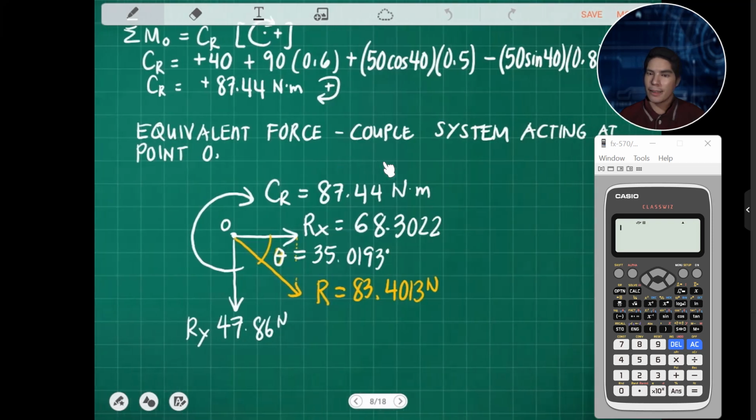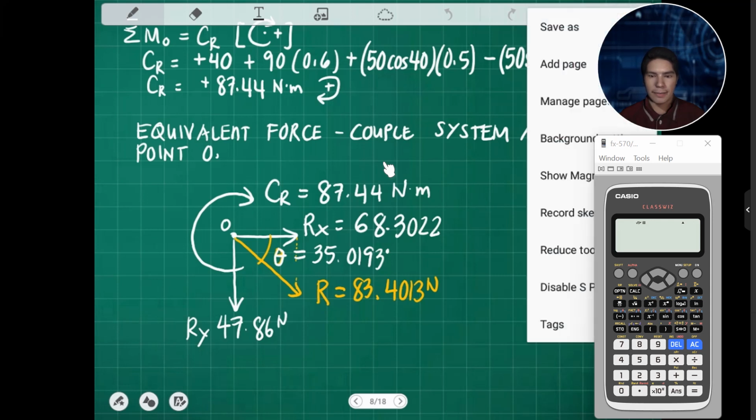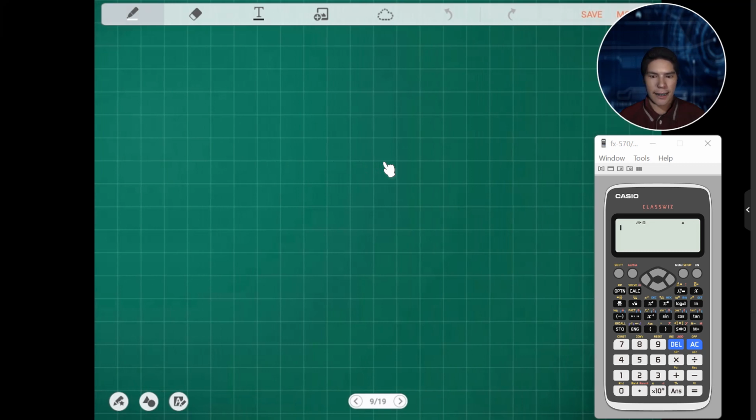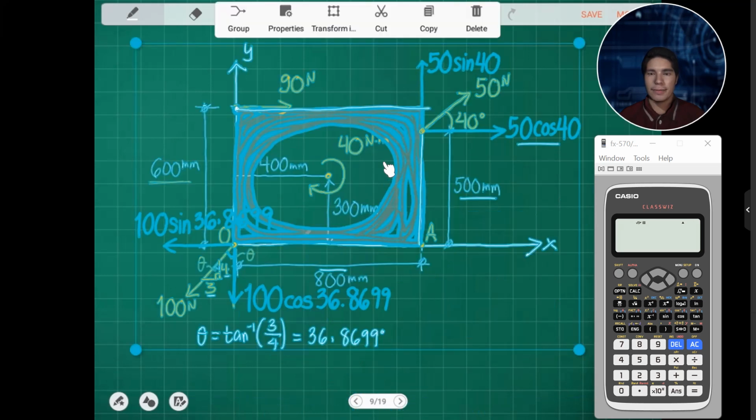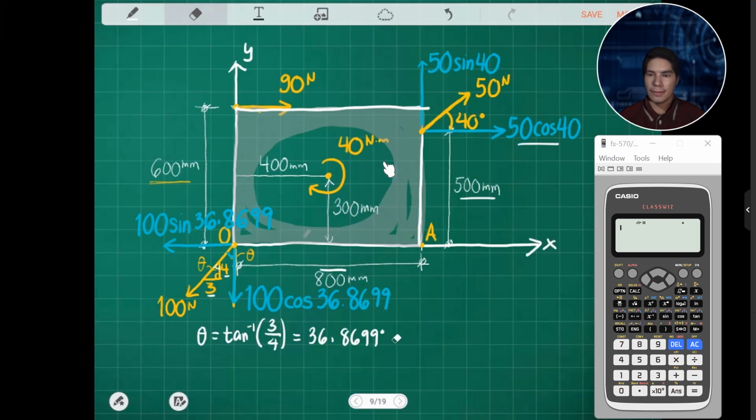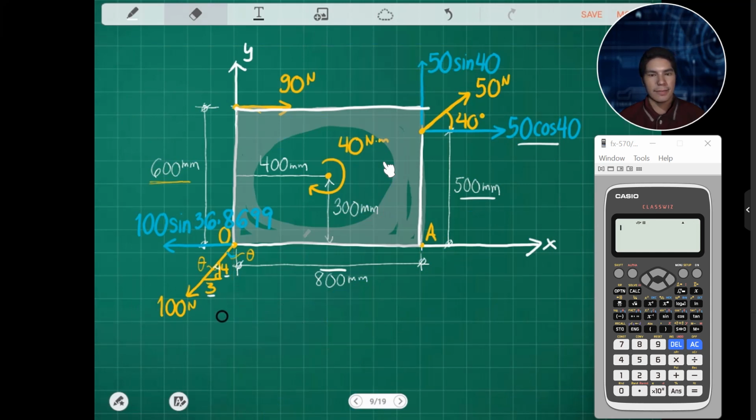And we have also drawn the equivalent force couple system acting at point A. So this time we compute for the x and y intercept. Let me remove what I don't need here, and keep what we need.